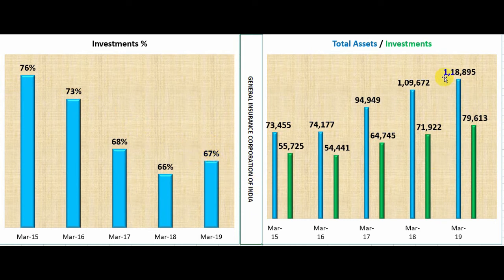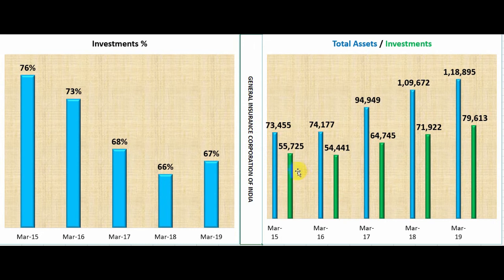Of the total 1,18,000 crores of balance sheet size, 79,613 crores was invested. If someone wants to look at what investments the company has made, then we need to look at the annual statement and go into the notes section to understand in much more detail what these investments are.